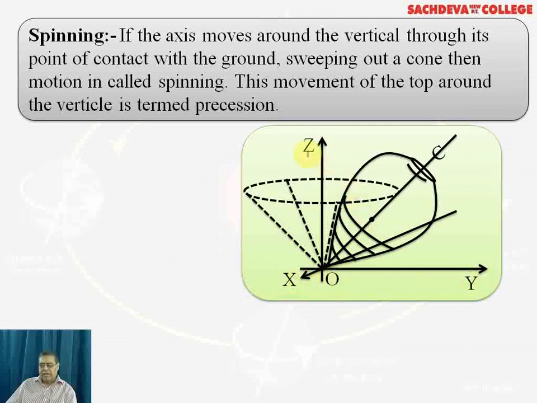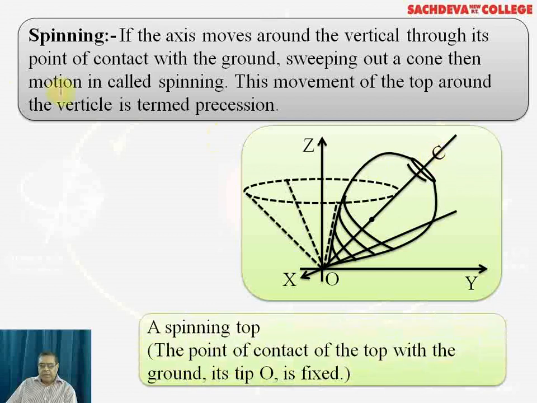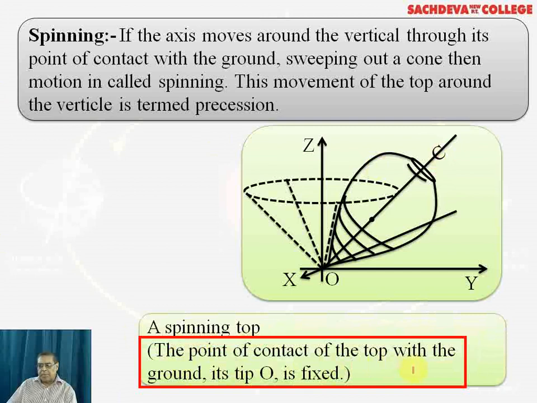So we have taken the cone in the form of a spinning. C is the center of mass of the cone. A spinning top, the point of contact of the top with the ground, its tip O is fixed. So tip will be fixed.